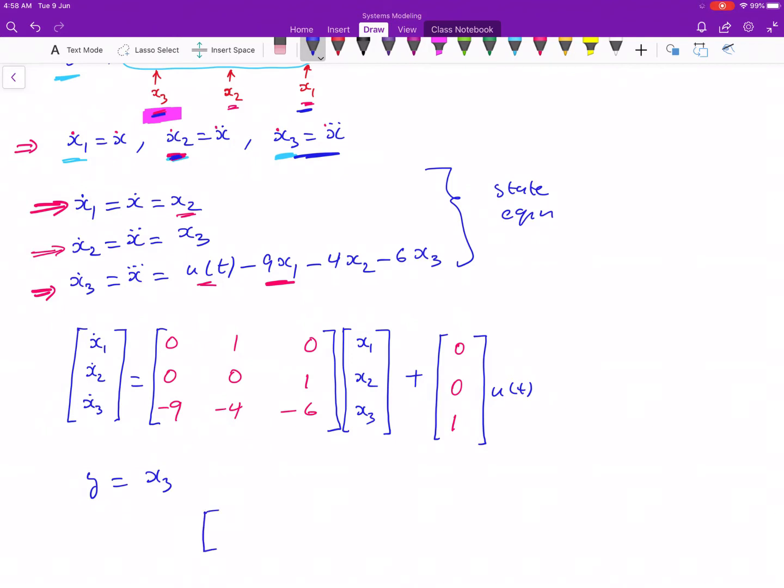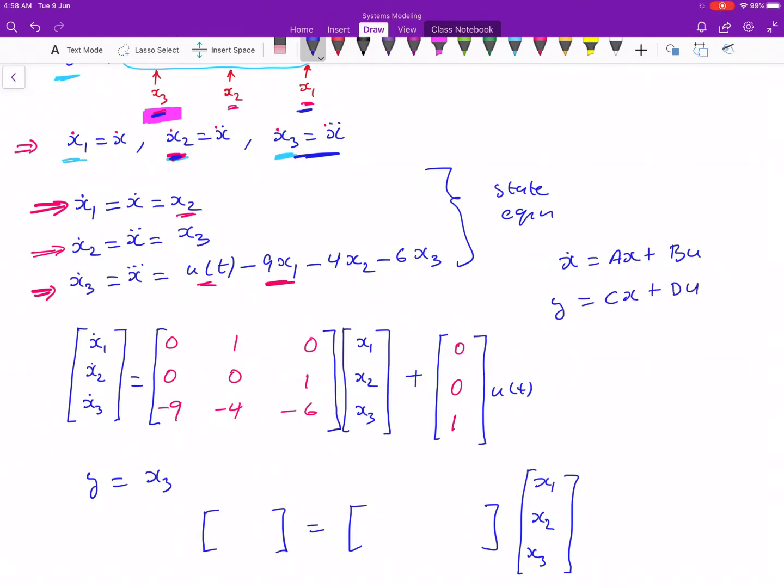You are going to have a box for the output equation, which will be something here times our state vector: x1, x2, and x3. And remember, the format that we want is x dot is equal to ax plus bu, and y is equal to cx plus du.